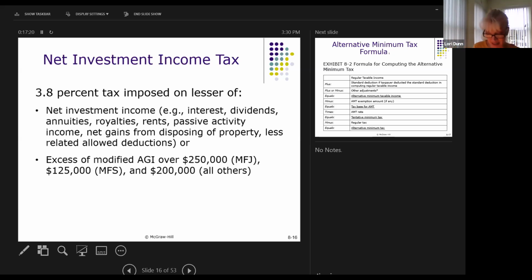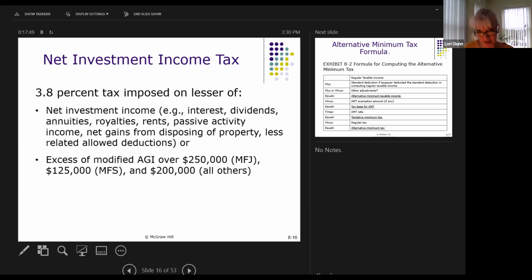In example 8.3, which we're not going to go through all of, Courtney's, the mother's, preferential tax rate was 15%. So whatever the parent's tax rate is on that income, marginal tax rate or preferential rate, the kid will use also.